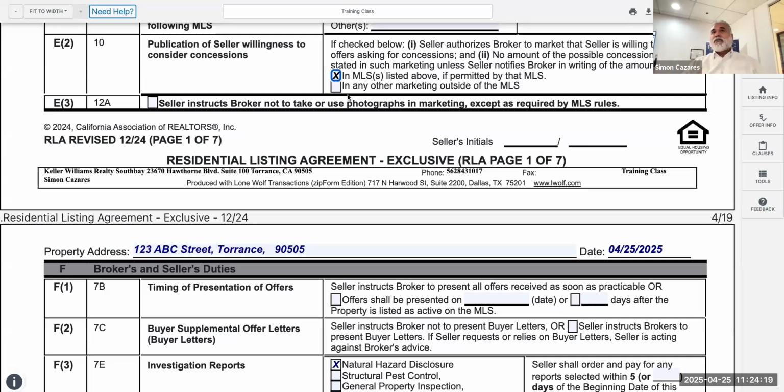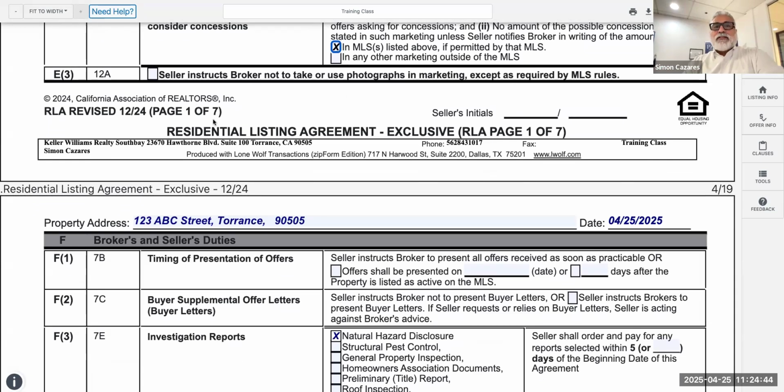It's only yes, the seller is willing to pay concessions, because concessions can mean many things. Concessions can be towards buyer's closing costs, repairs, termites, and also buyer's compensation. Okay, so that's kind of a universal position when it comes to publicizing the willingness from the seller to pay compensation.